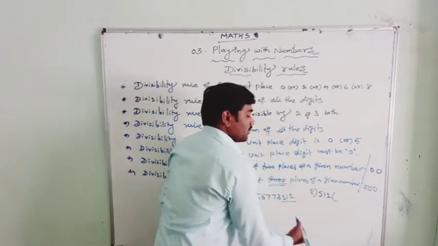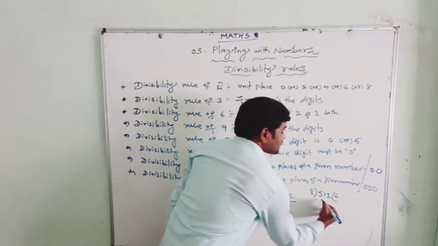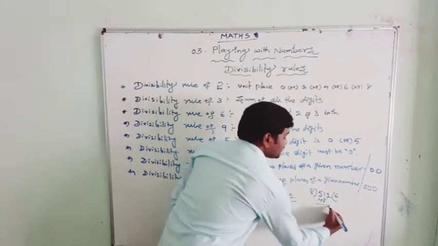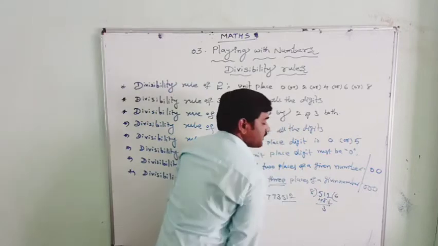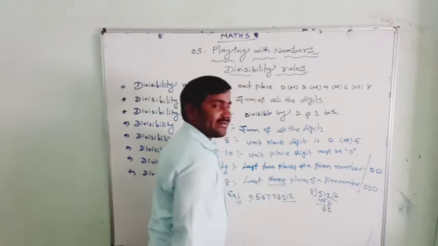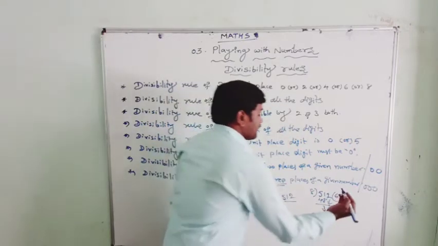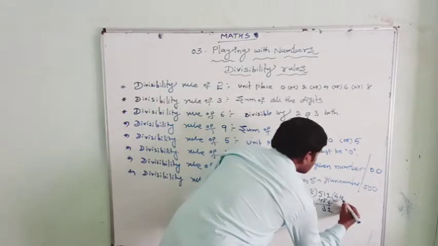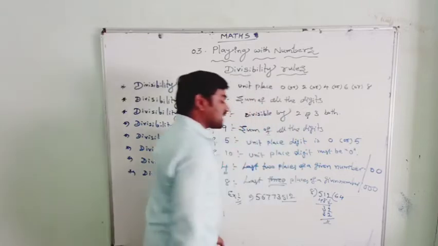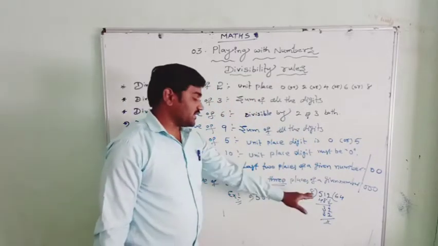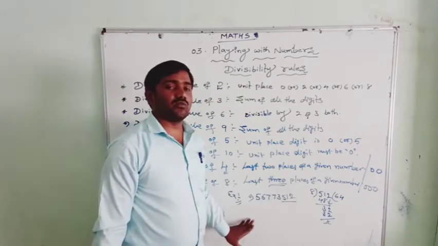Let us check. 8 sixes are 48. 3 left, and here let us bring down the 2, that becomes 32. 8 fours are 32. Yes, it's exactly divisible by 8. So this complete number is divisible by 8.